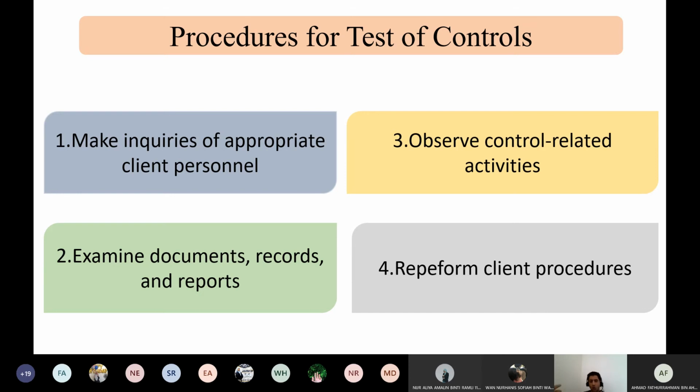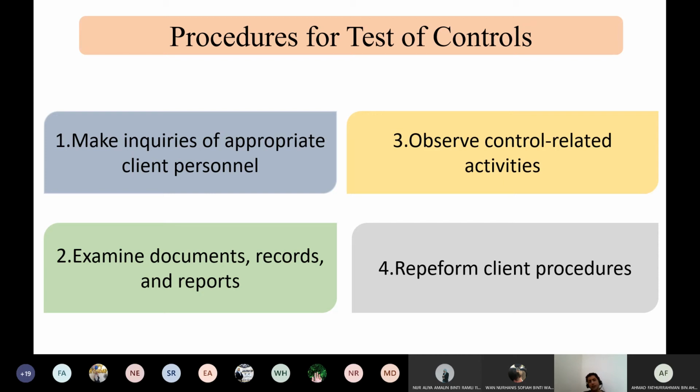Number 1, either to call, have an interview, or have a questionnaire survey to acquire some information from the client. Number 2, examining the documents, records, and reports that they have. And number 3, observe the control-related activities, to observe how they perform the internal control.